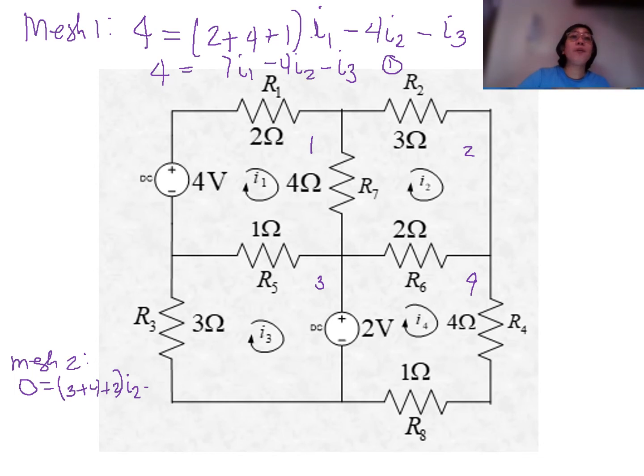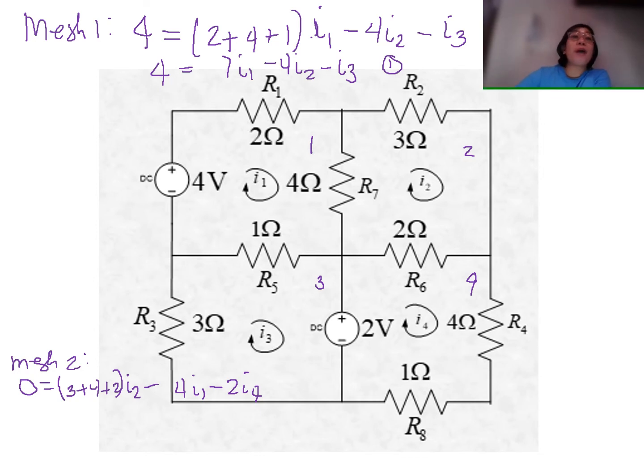Minus mutual resistances. So you have here minus 4 I1 because it is connected at mesh number 1. And we have here minus 2 I4. Because 2 is also connected both at I2 and I4, or mesh 2 and mesh number 4.